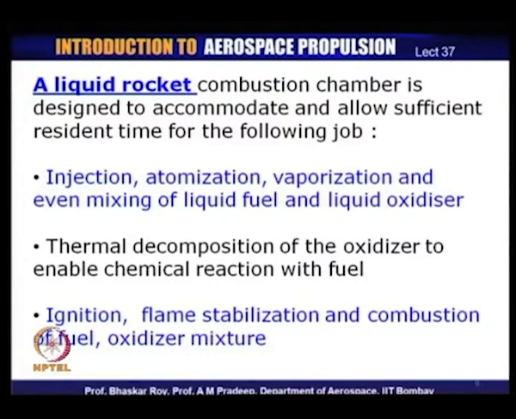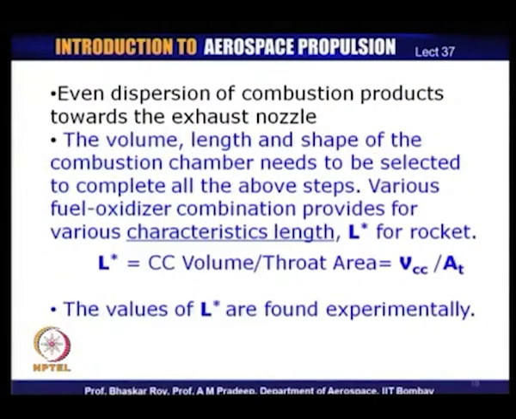So, you probably would need to have some kind of flame stabilizer or flame holder around there in the combustion zone, and then the fuel and oxidizer would have to be mixed in correct proportion. This mixing would have to continue even after the combustion is over, and hence the process of combustion may continue till it hits the exhaust nozzle.